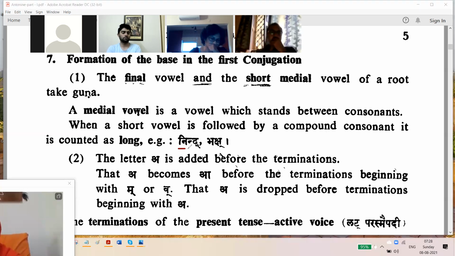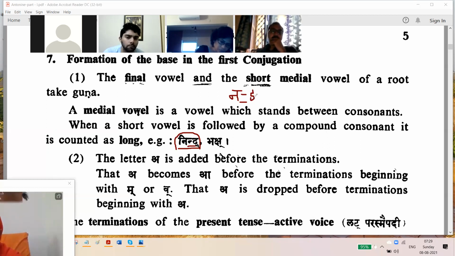So suppose this is ninda. Because the na and da are a compound consonant, what we have to write is nind: na and i, and half na and da.